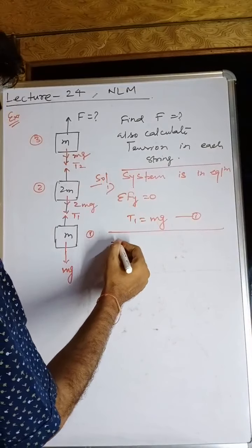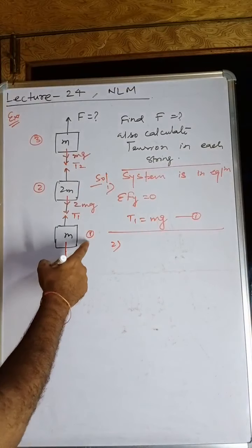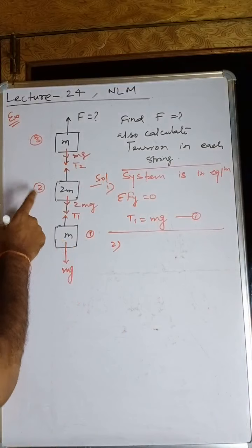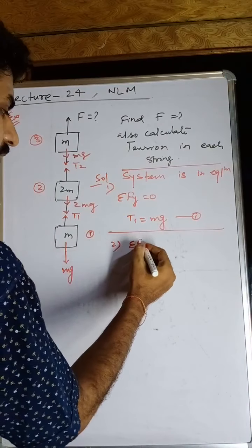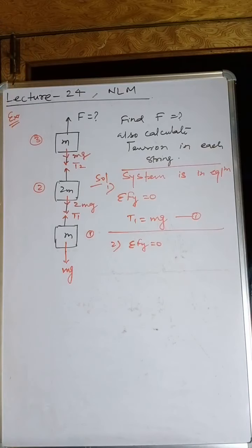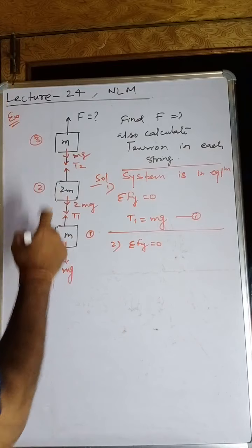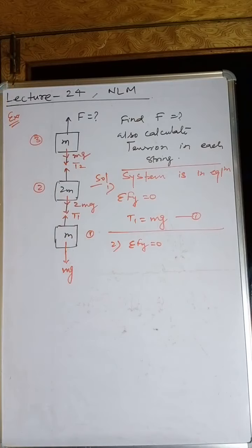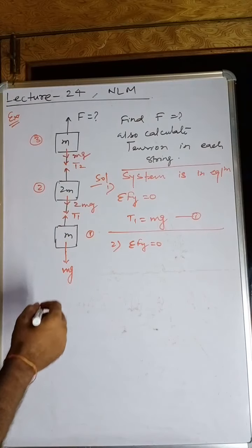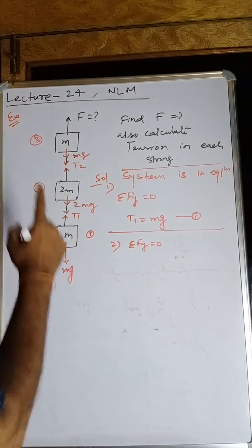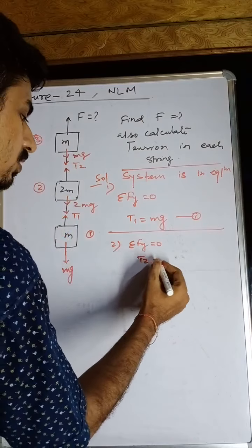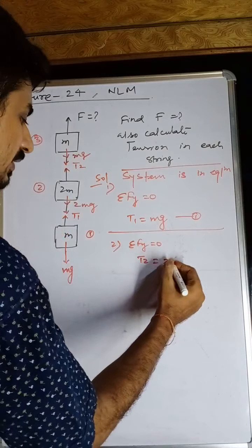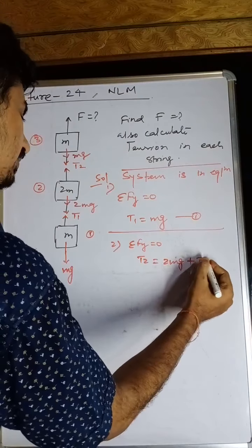Now for free body diagram 2. For this one again we can write sigma Fy equals 0. For this body, you can see the forces acting: in the upward direction only T2, and in the downward direction it is 2mg plus T1.